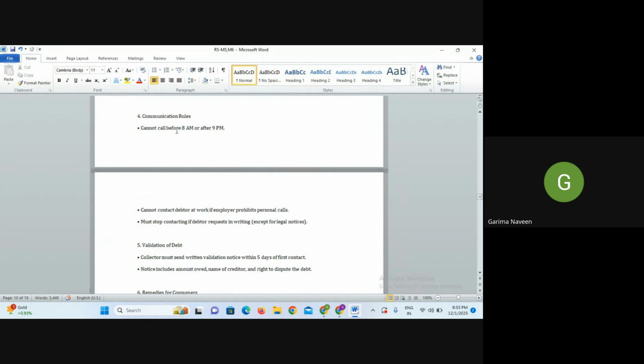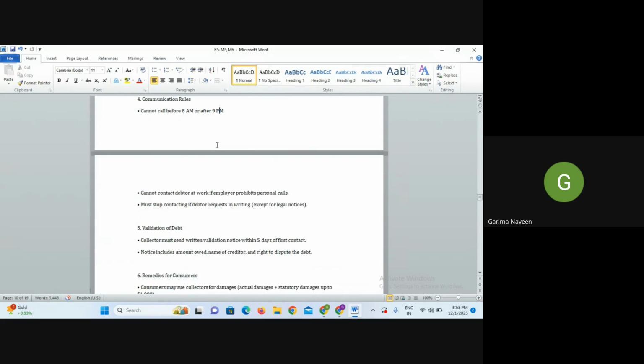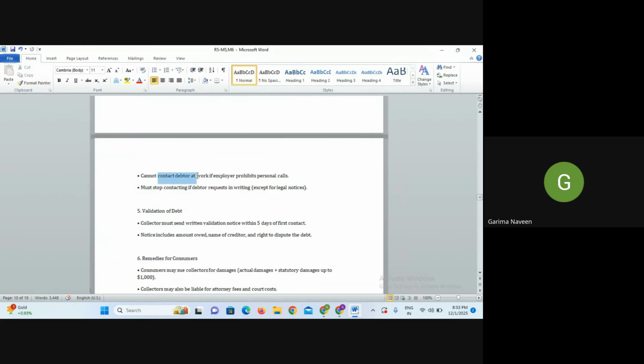Okay, communication rules: you cannot call before 8 a.m. or after 9 p.m. You cannot communicate in this time period. You cannot contact the debtor at work if the employer prohibits personal calls. You must stop contacting if the debtor requests it in writing, except for a legal notice.